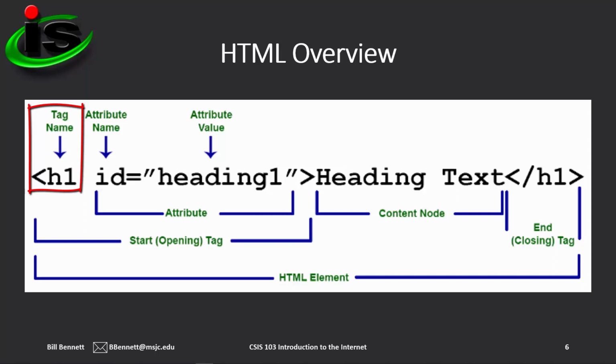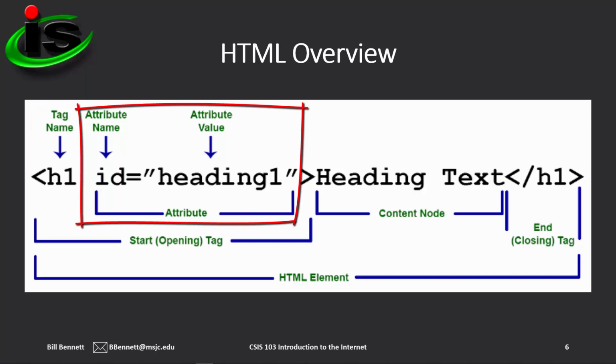So it begins then with the left angle bracket followed by the tag name, which in this case is an H1 or a heading level 1 element. And in this opening tag, we also have an attribute, which is an ID attribute, and it's being assigned a value of heading 1.